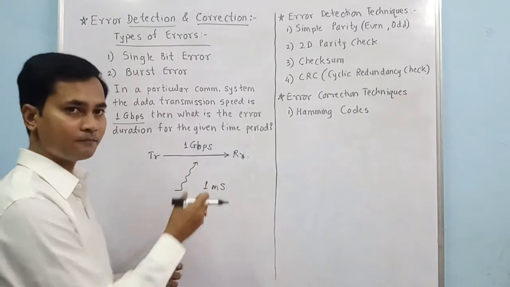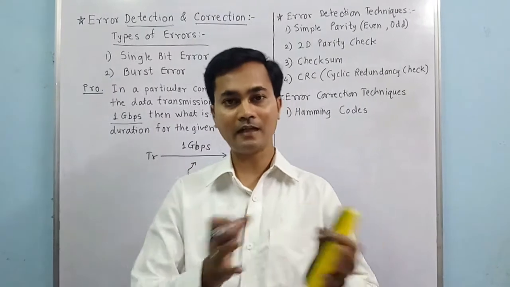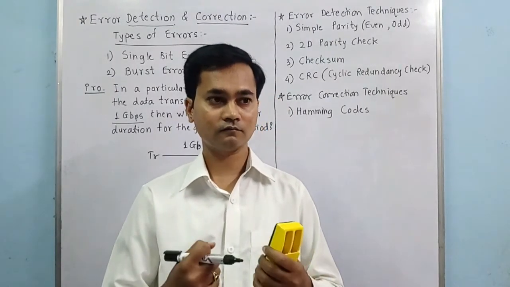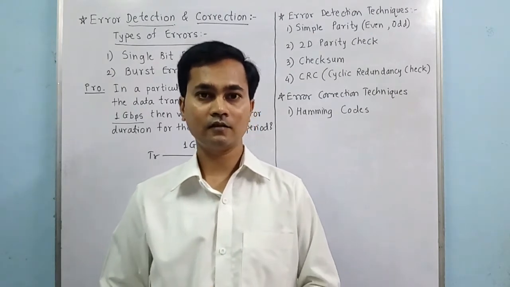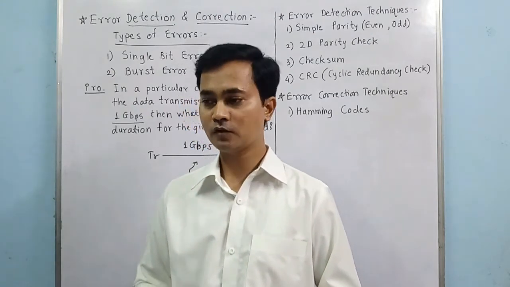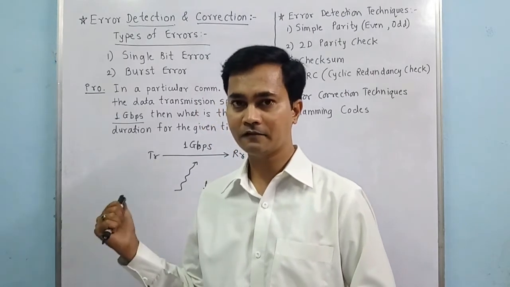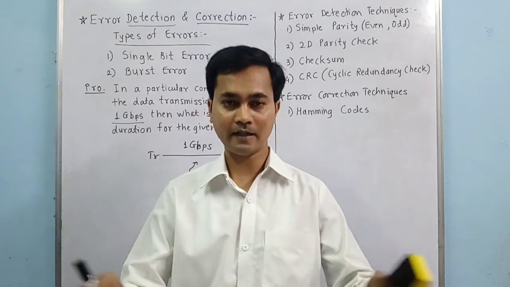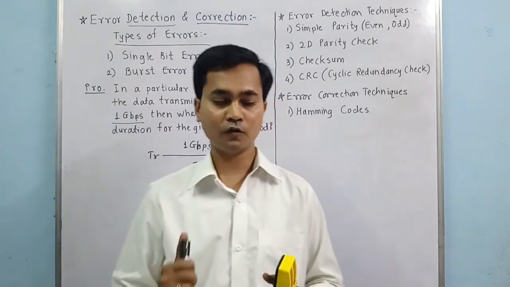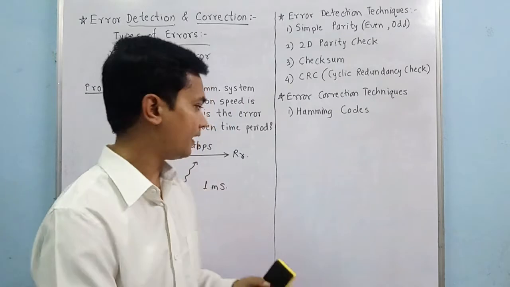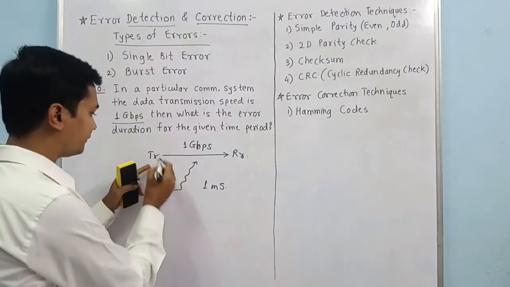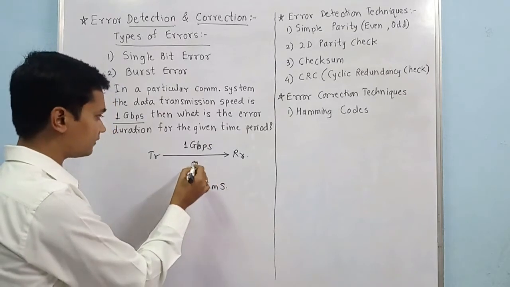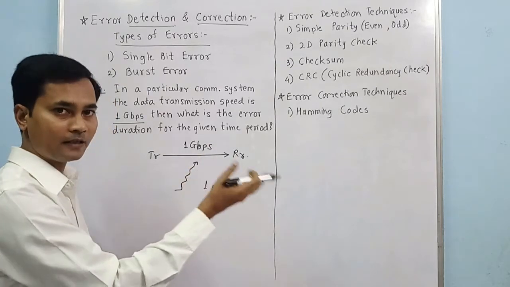This error may occur due to environmental conditions. Environmental conditions are like temperature, lightning, thunderbolt, or suppose your transmitter or receiver is in a nearby noisy environment. If you start a machine, the transmitter or the media is affected by those environmental conditions.